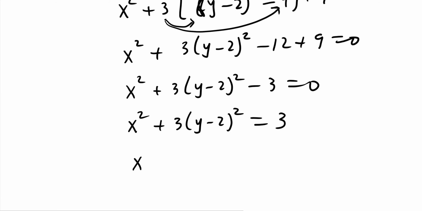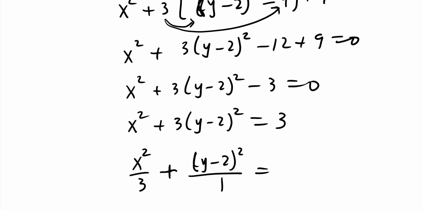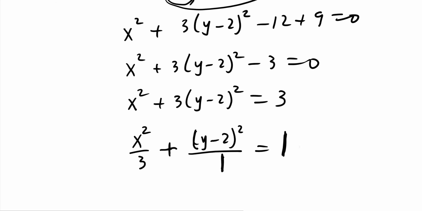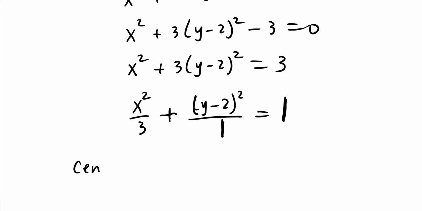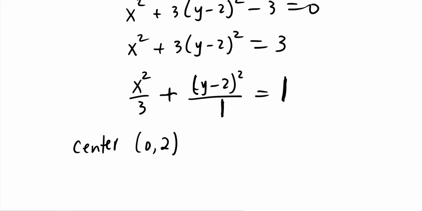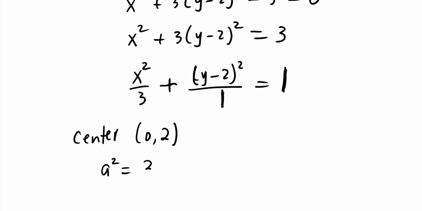Divide everything by 3. X squared over 3 plus y minus 2 squared over 1 equals 1. Why did I divide by 3? I need to make sure the number on the right side is 1. So now, what's the center here? The center of the ellipse is 0, 2. And notice a squared is the one below the x, so we know the ellipse is going to be parallel to the x-axis.